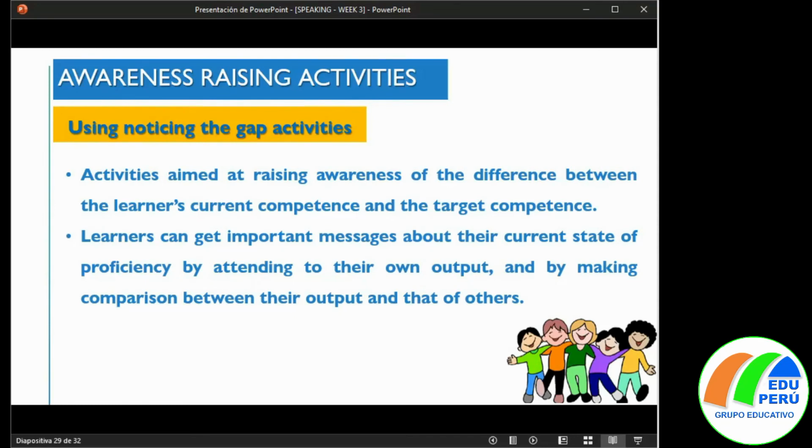Oh, we put this and he uses another one. They are comparing their output and that of others. This is called the noticing gap activities. They are going to compare with other people's performance or competence.